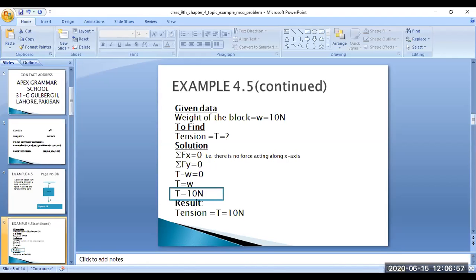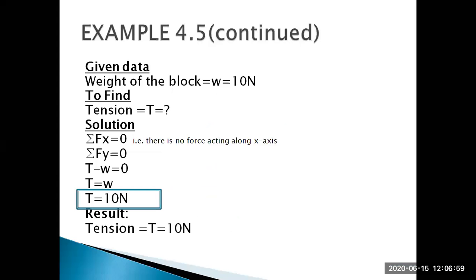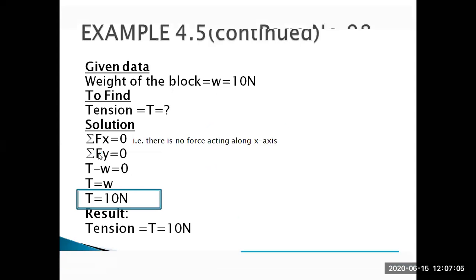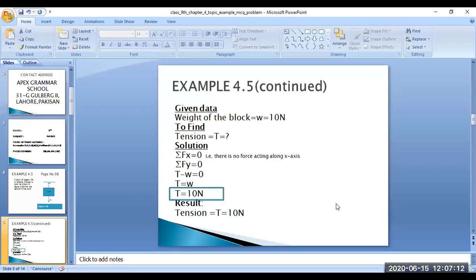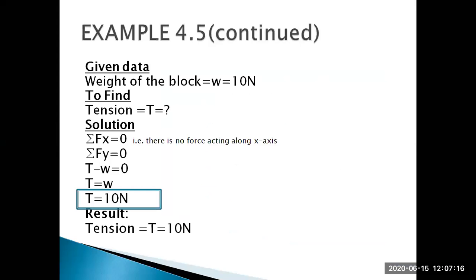If I put tension T, what are the vertical forces acting on this body? Tension, which is acting in the upward direction, and the weight, which is acting in the downward direction.